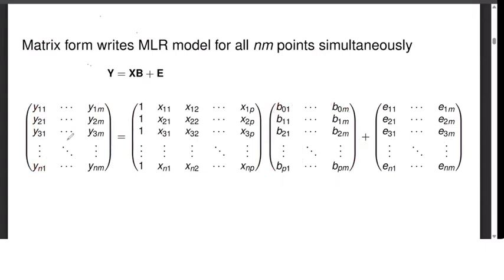If this is the actual response for the first response, I can have a predicted response for that. And the moment I have a predicted response for that, then I will be able to calculate my error, because the error is going to be the difference between the actual response and the predicted response. I'm going to do that all the way over the number of response variables.